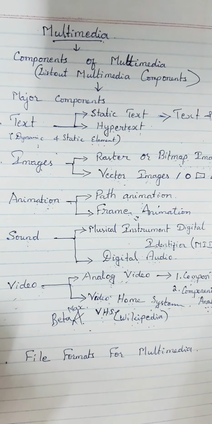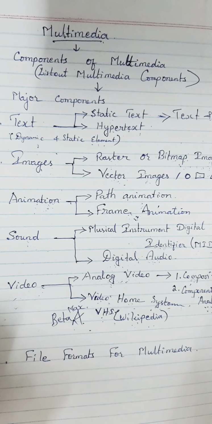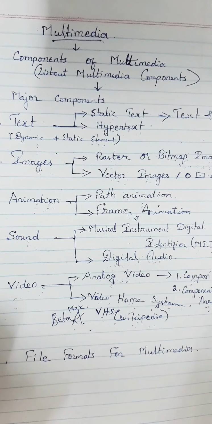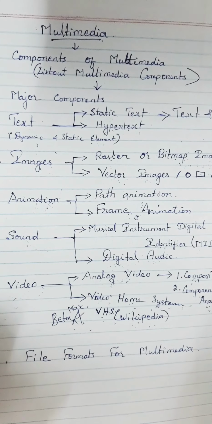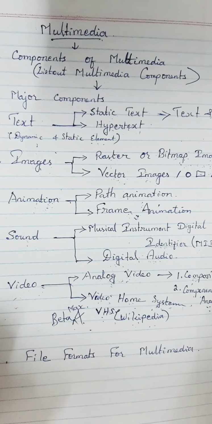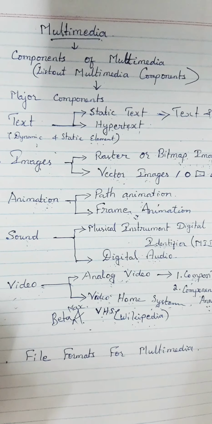The video data are stored in non-computer media like videotape, laserdisc, film, etc. Analog video is stored on non-computer things. Maybe a disc, maybe a pen drive, maybe a laserdisc, film. These are all called analog video.